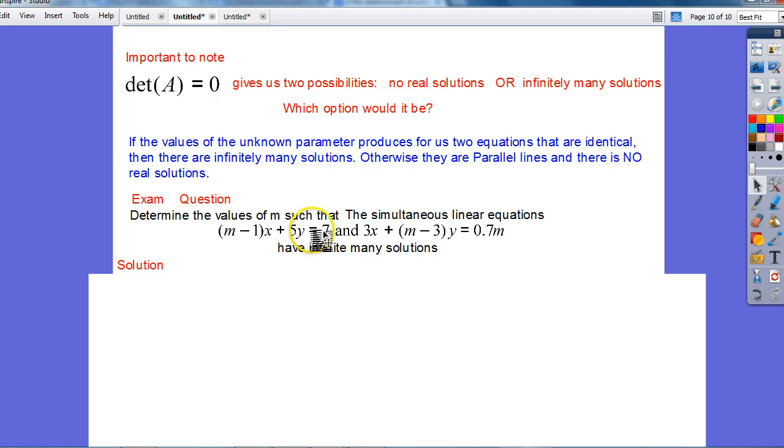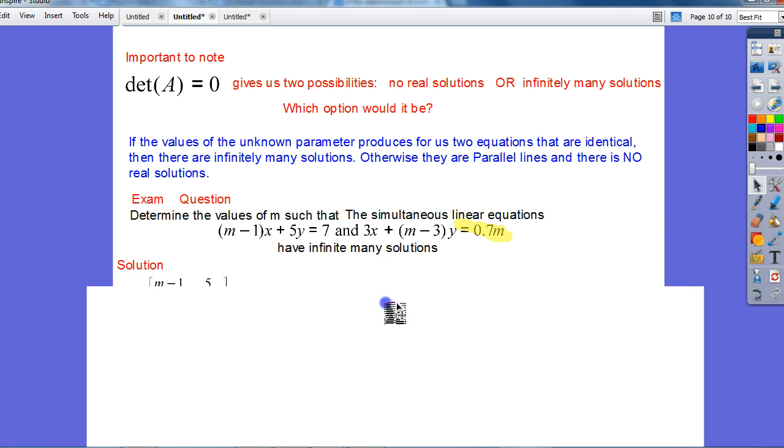So determine the values of m such that the simultaneous linear equations, that one, and notice now we have a parameter here at the end, the y-intercept number, that's what it's responsible for. It depends on m.